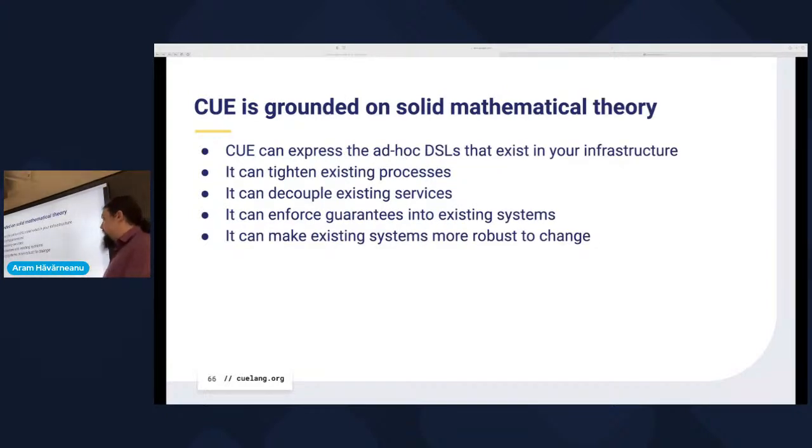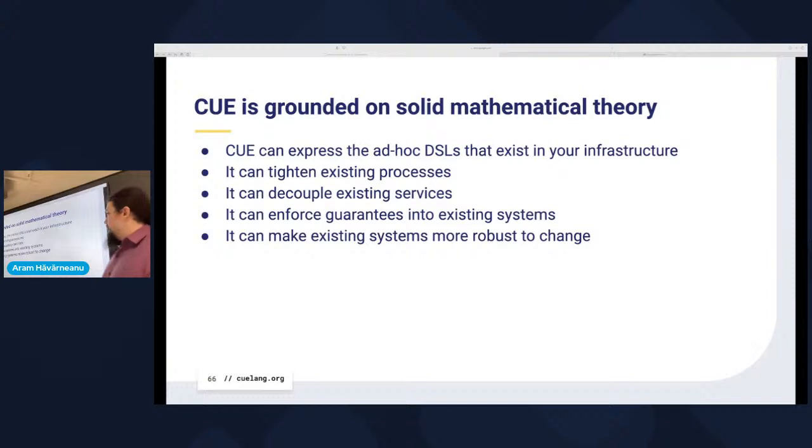But how does it do that? Well, I didn't go very far into the mathematical theory behind Q. You can read more about that. It's based on lattices, but it's compositional, and it's extremely powerful. And most importantly, it can express the ad hoc protocols or DSLs that already exist in your infrastructure, but are just flattened out to JSON nowadays.